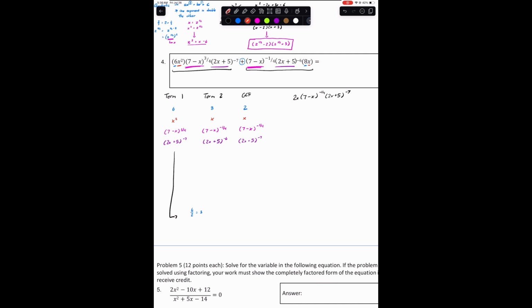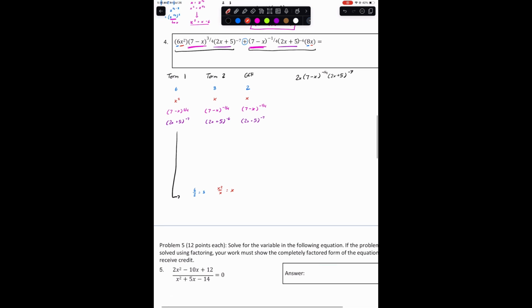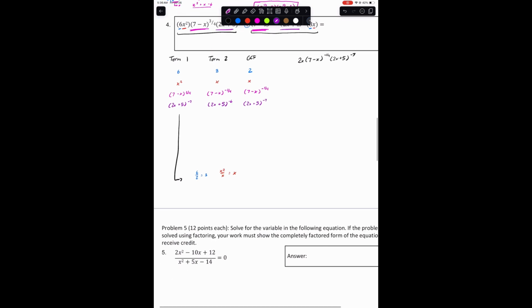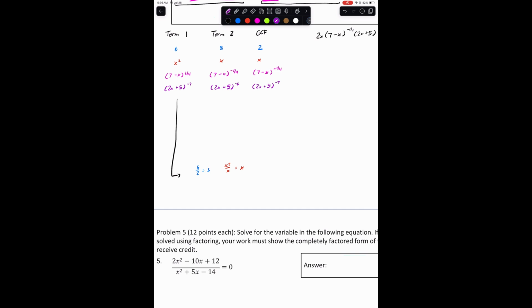My x squared over x gives me just x, right? All right, 7 minus x to 3/4 over 7 minus x to negative 1/4.